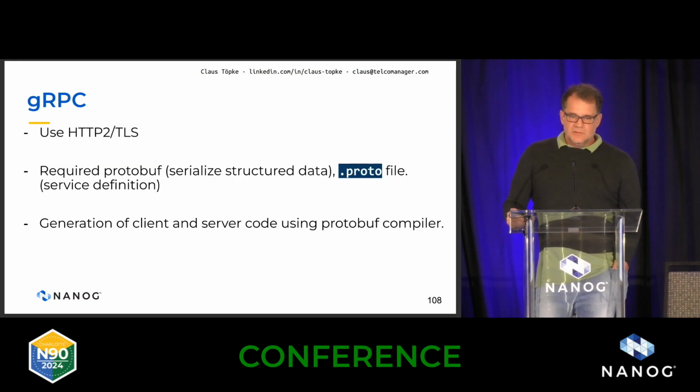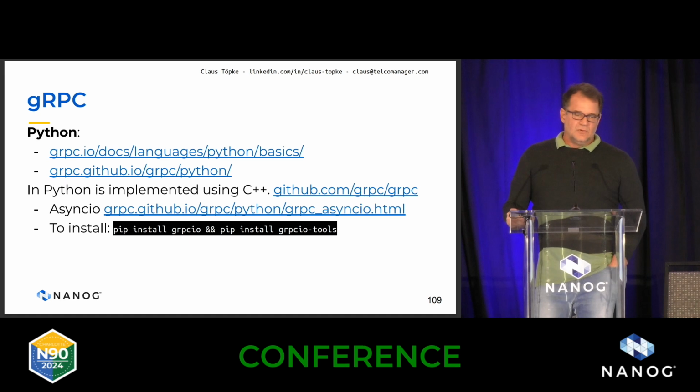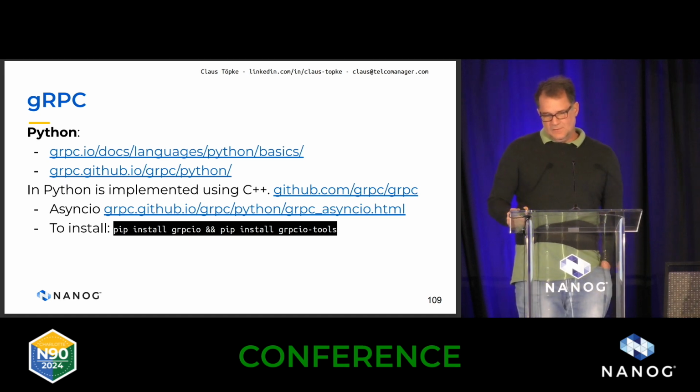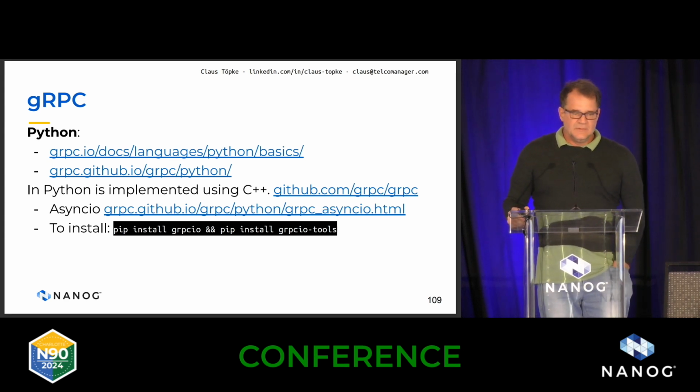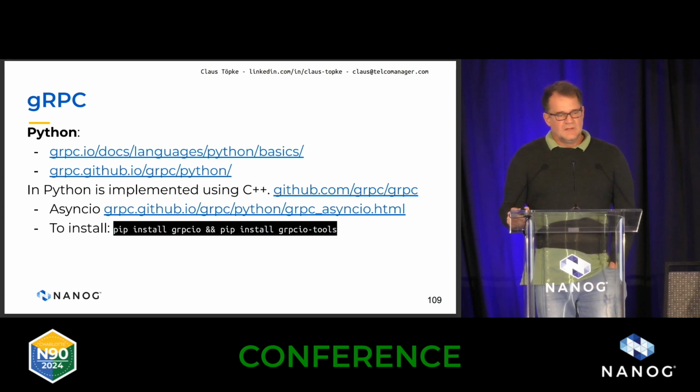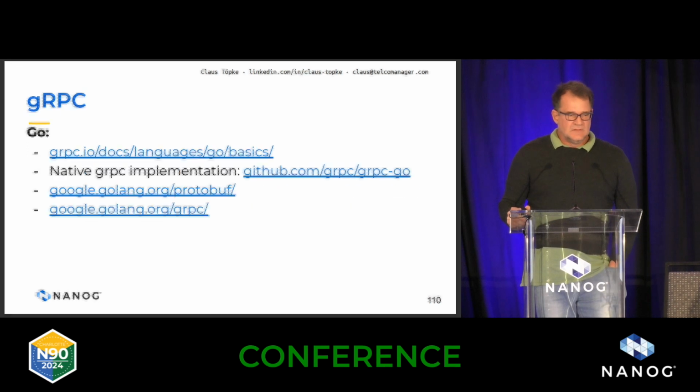Now we're going to go a little bit more interesting with gRPC. gRPC basically uses structured data, protobuf, and communicates much faster compared to the others, and allows streaming, which is interesting. In Python you do have it, but most of the Python implementations are not in Python. It's in C++ or even in Go, which is the way it is.